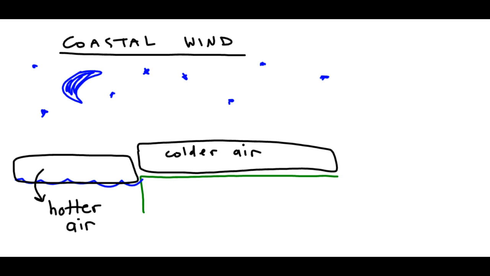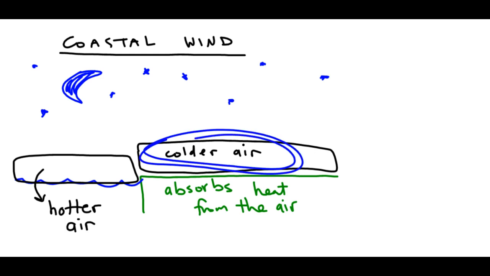And here's the reason why the air is colder over the ground. When the sun goes down, the temperature drops, right? And the ground absorbs heat from the air. And that causes this air here over the ground to become colder.